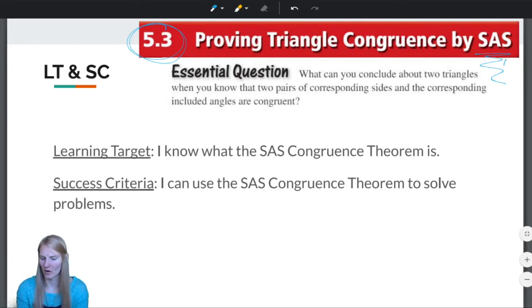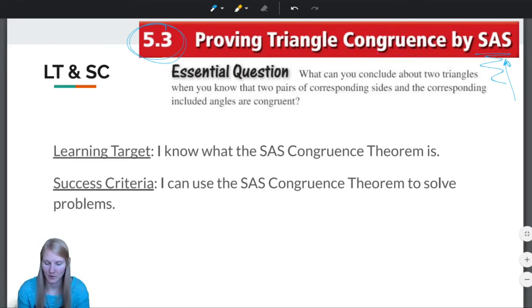We're going to talk more about what SAS means in a little bit, but the reason that we put 5.3 after 5.4 was because 5.3, 5.5, and 5.6 are all about proving triangle congruence by, and then they have a different acronym at the end. So I put them all together so that we can prove triangle congruence all at once with 5.3, 5.5, and 5.6.